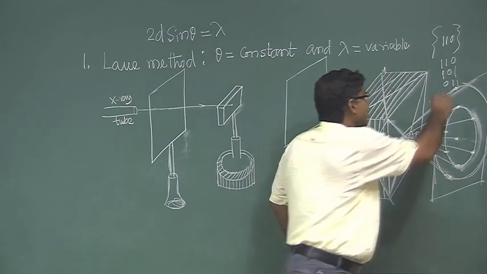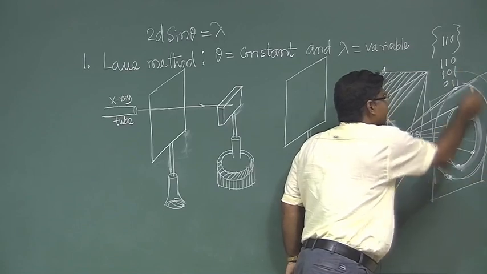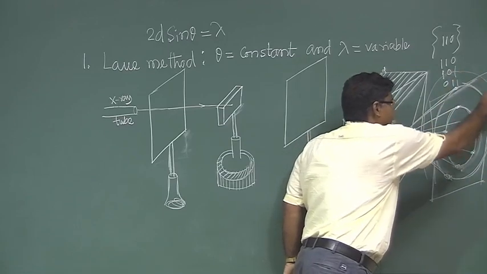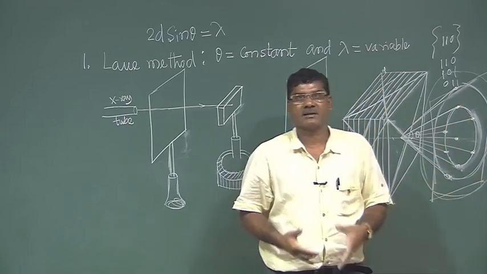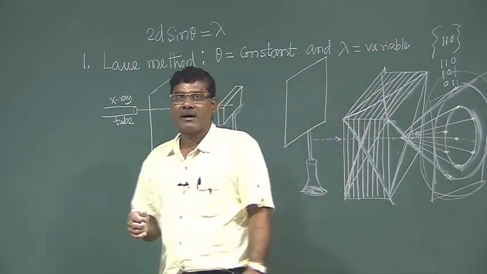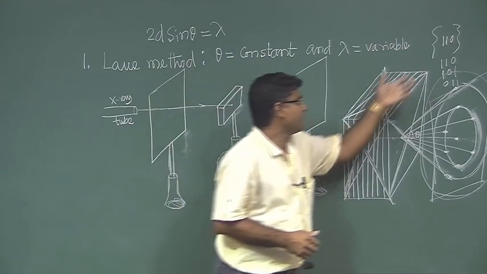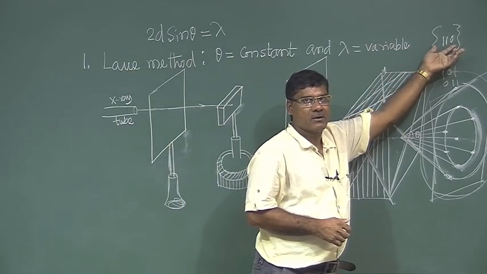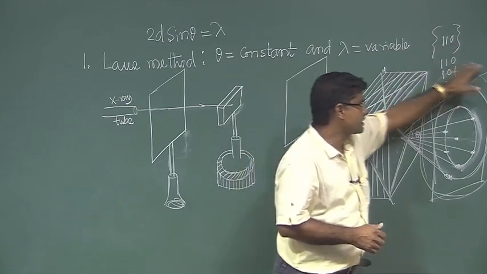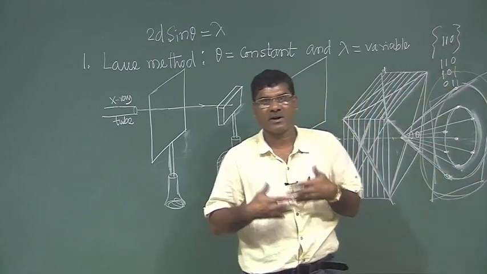So this way you will get many concentric cones, and a family of planes will be on the same cone, but different families on different cones.